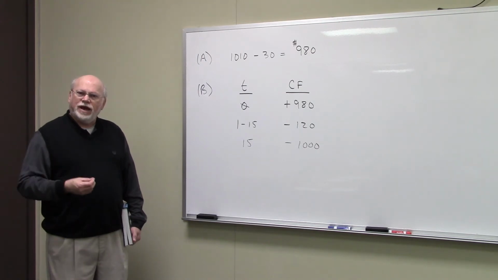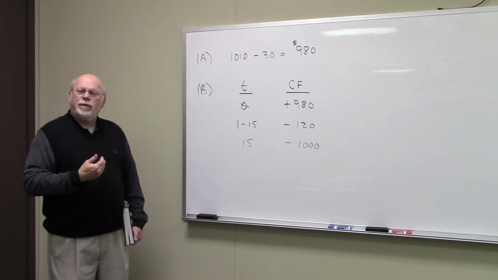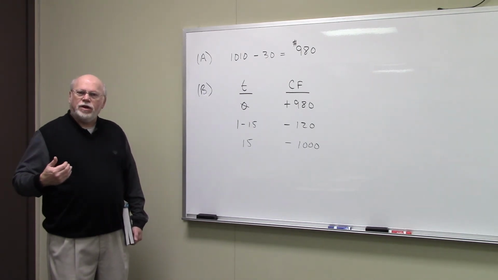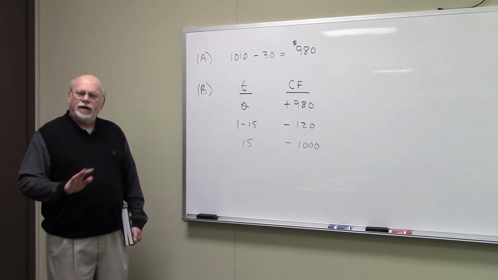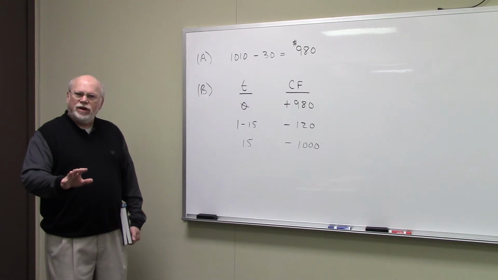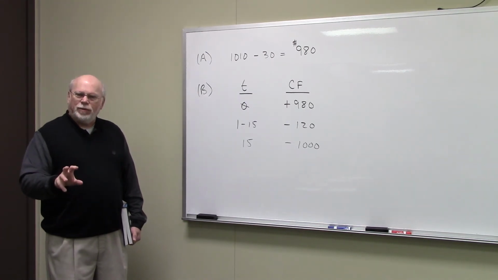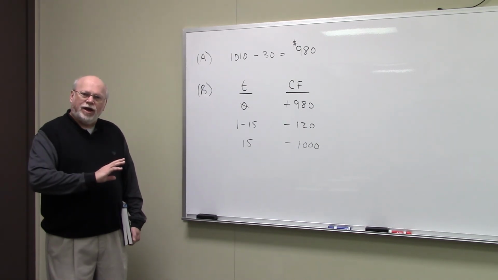So 1,000 times 12% is $120. Now the company will pay only the interest every year until the end of the life of the bond. This is a 15-year bond. At the end of the 15th year now, the company's going to owe the bondholder the face value of the bond, which is $1,000.